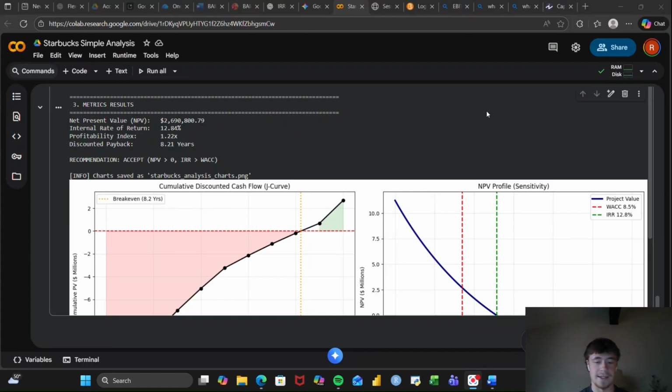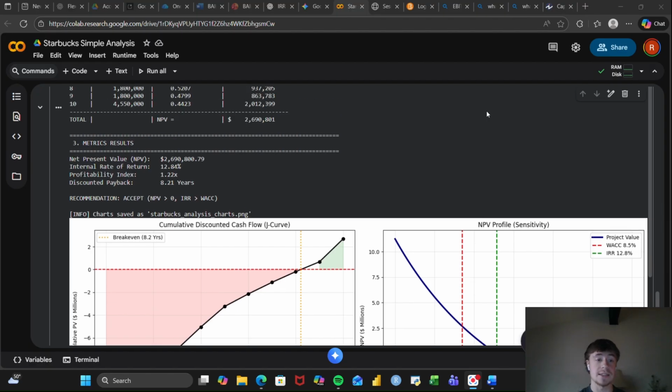So going back to the basics, capital budgeting is when a company uses metrics such as NPV, IRR, and the WACC to determine if an investment is a good or bad decision. In this case, we used Starbucks in a fake situation, and because they had a positive net present value, or NPV, we determined that they should accept this investment decision because it's going to make them money in the long run.